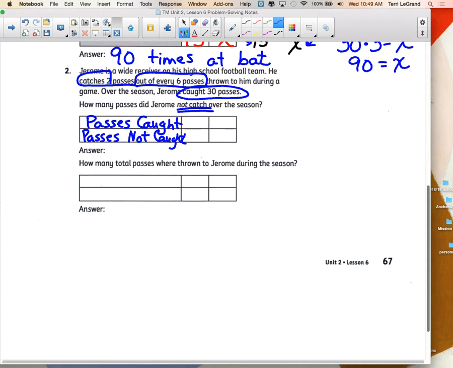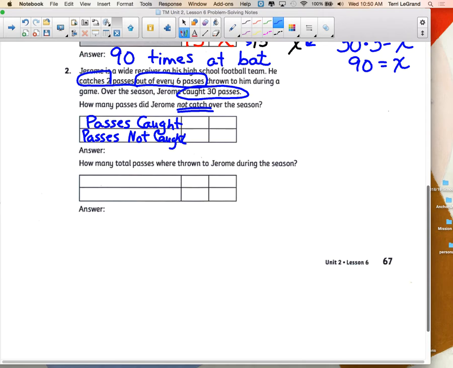What could one of our ratios be? Kaden? 2 over 6. Well, he catches 2 out of every 6 passes. Do we know how many he did not catch? No. We gotta find it, don't we?